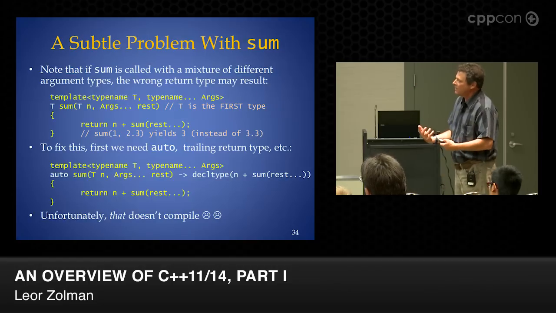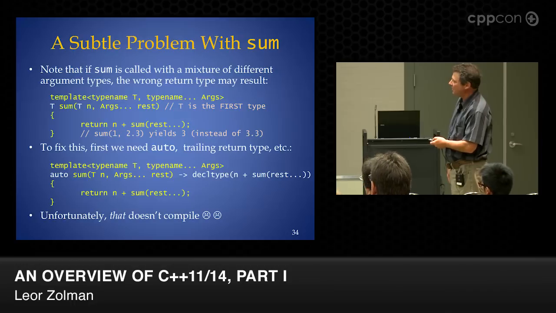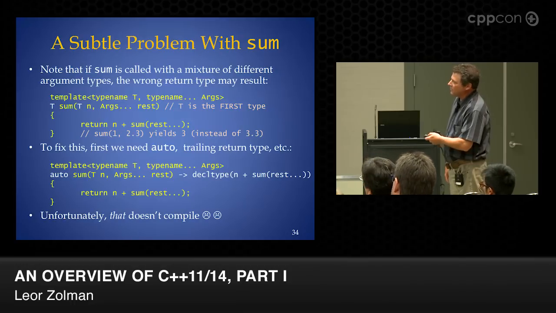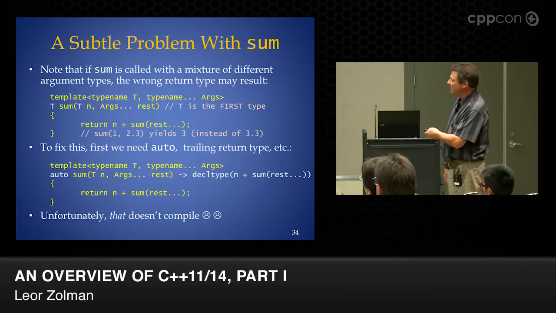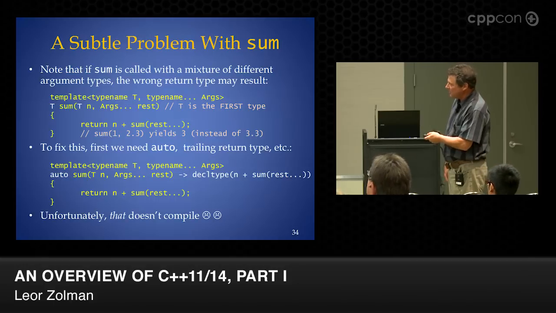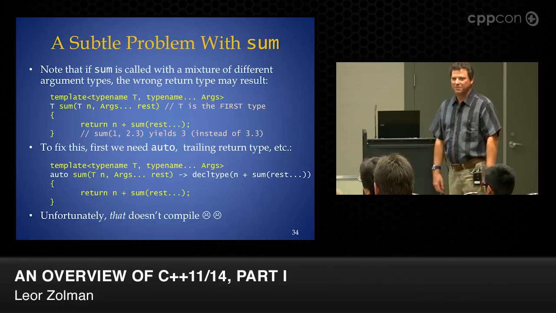So you'd think we can solve the problem using trailing return type and auto. So here's the correct approach. The return type of summing all this stuff up is the decltype of summing all this stuff up. So here's the expression that calculates the sum. I just want its type. Makes great sense, but it doesn't compile.